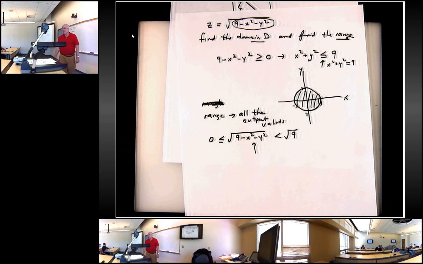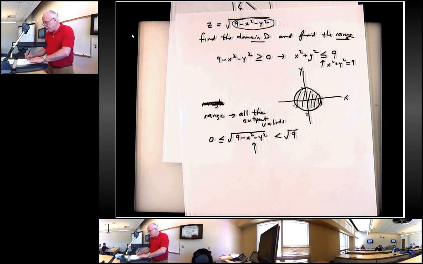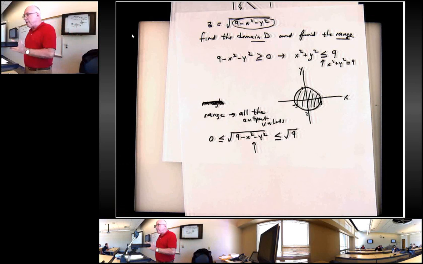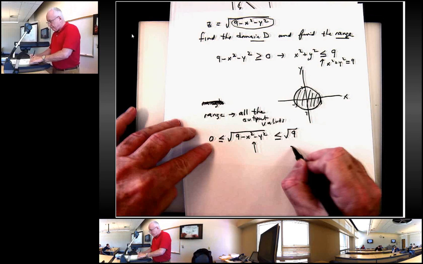That's the biggest it can be. Let me put an equal sign there also. So our output is really squeezed between 0 and 3.